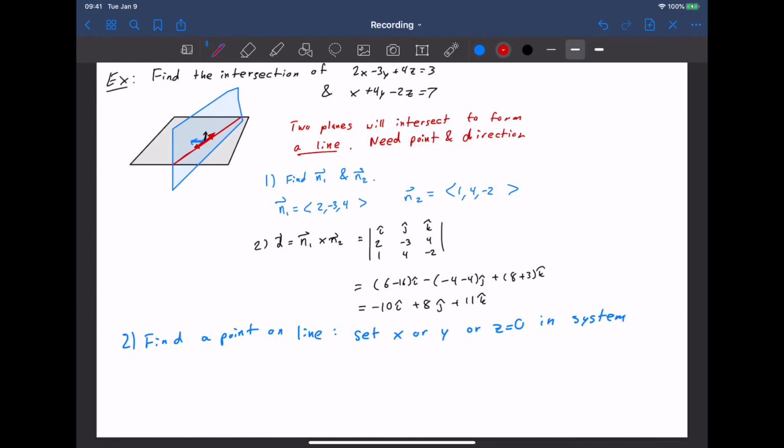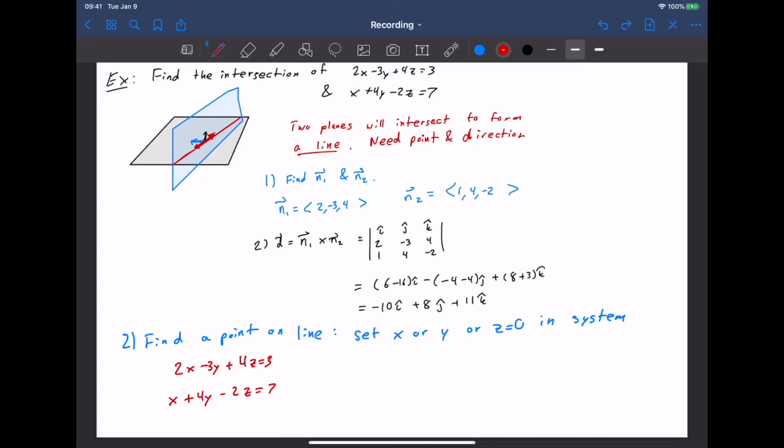To be really clear what I'm talking about here, 2x minus 3y plus 4z equals 3. x plus 4y minus 2z equals 7. We're just going to hope that the line eventually will have x equals 0 on it, or y equals 0 on it, or z equals 0 on it. Again, this is very, very likely. Lines go on forever. They're very likely to hit the planes. If something's going wrong, the equations were probably simpler to start with.